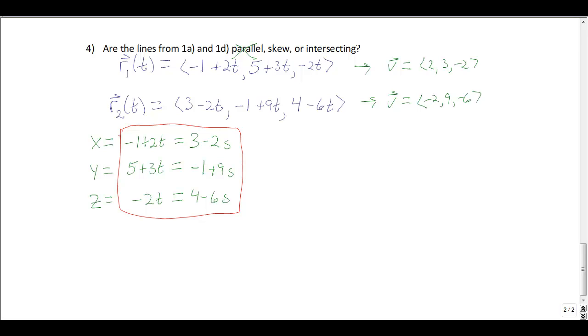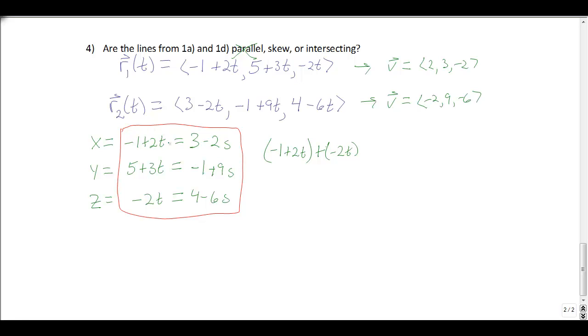So what I'm going to notice here is if I take the x equation and add the z equation, the 2t and the negative 2t will cancel. So if you take this x equation plus the z equation, on the left I'm going to get negative 1 plus 2t plus negative 2t.